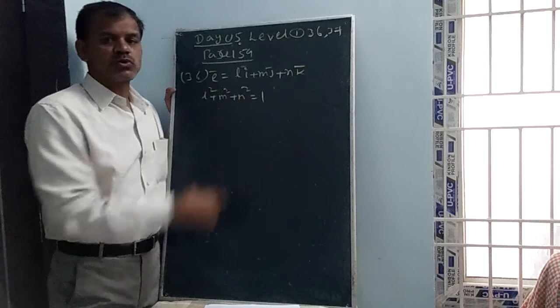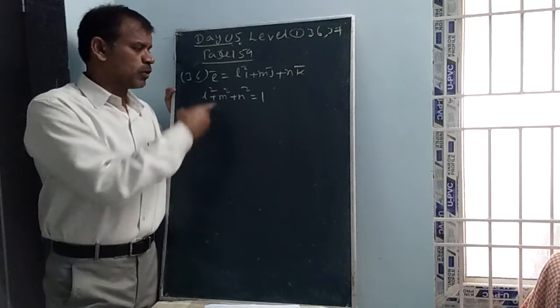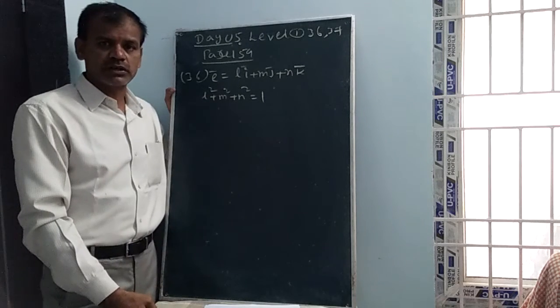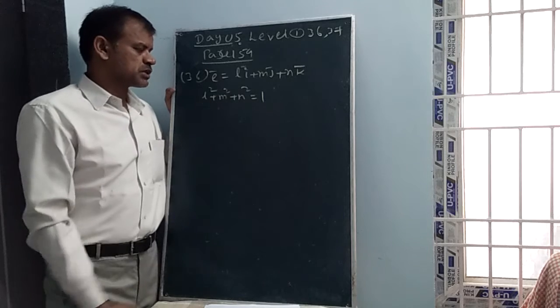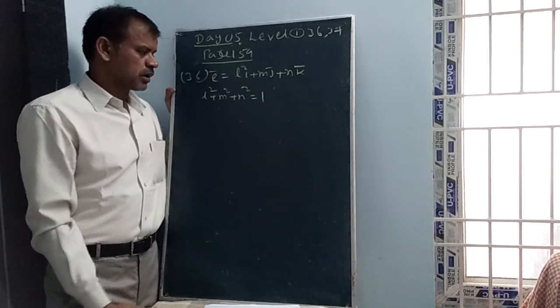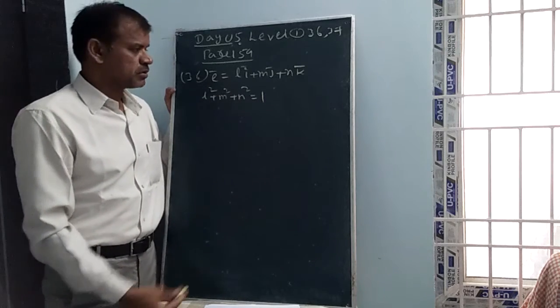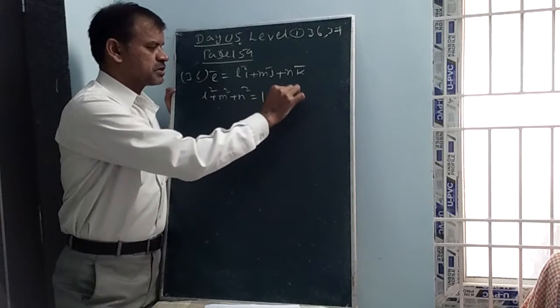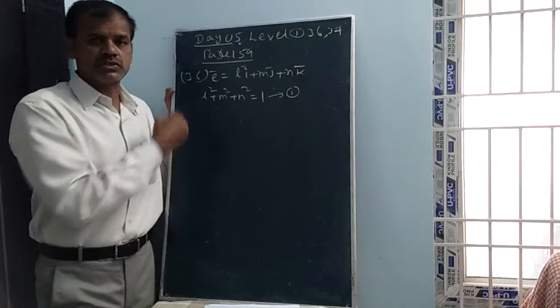So square root of component square plus component square plus component square is equal to 1, the unit vector formula. Squaring both sides, we got L square plus M square plus N square equal to 1. Let this be the first equation. Of course for DCs and DRs also this is okay.